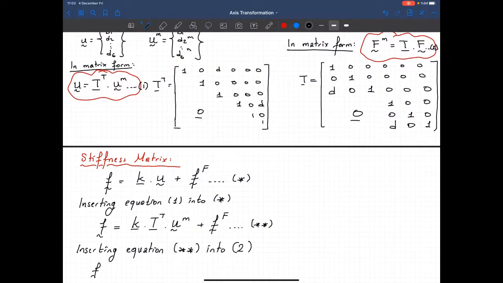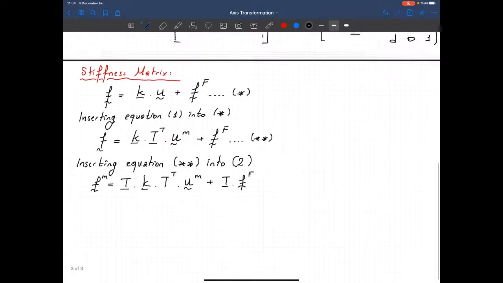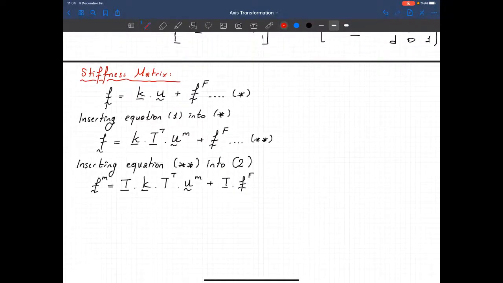So Fm is equal to T times K times T transpose multiplied by UM plus T times the fixed end force vector. And if you think about it, that's the relationship that gives us a new stiffness matrix, which we call Km when you perform that transformation.